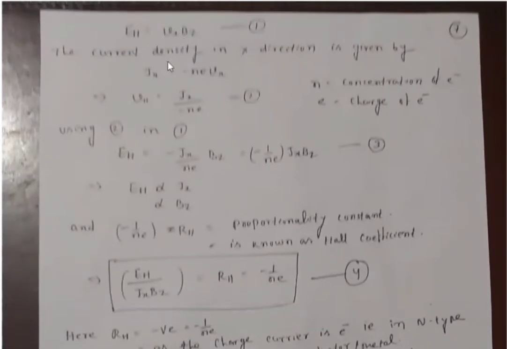So the current density in the x direction can be written as Jx equal to minus n e Vx. Minus sign again is for electron and n is the concentration of the electron. Concentration is defined as the number of electrons per unit volume. So Vx equals Jx upon minus ne.